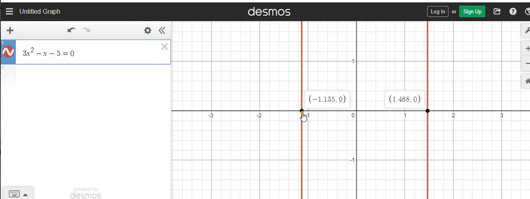And that happens when x is less than negative 1.135, or when x is greater than or equal to 1.468. So what happens in between? What happens between negative 1.135 and 1.468? Well, that's when y is below the x-axis. That's when y is less than or equal to 0.